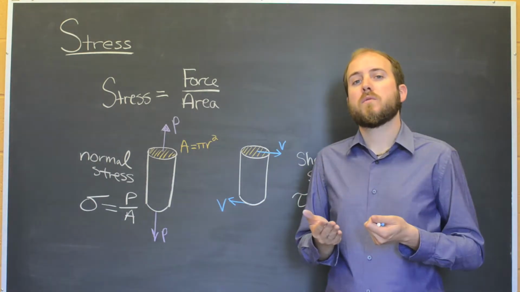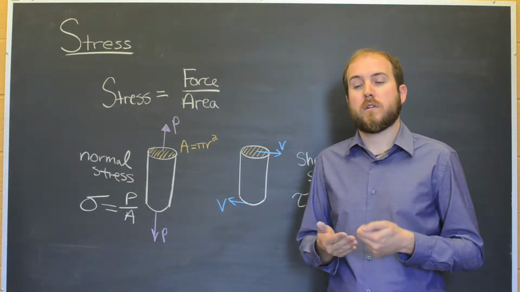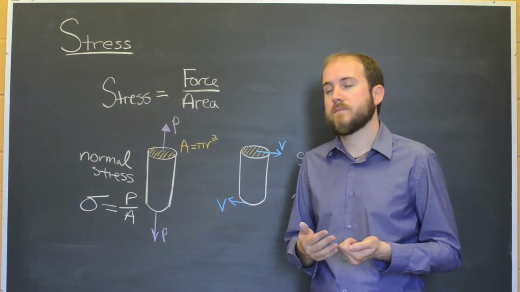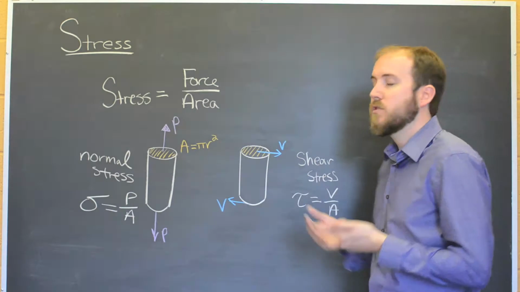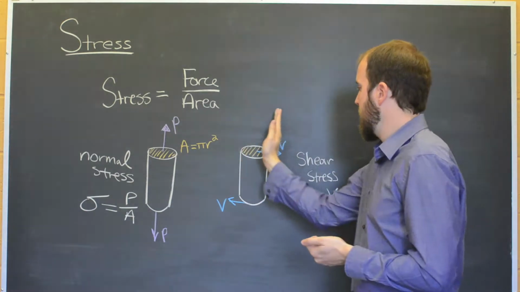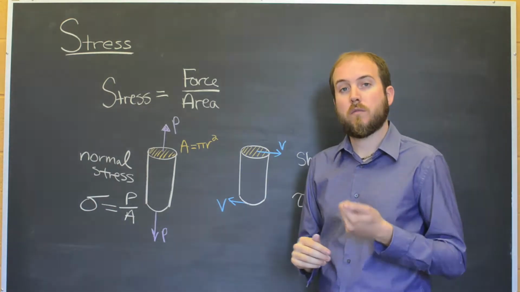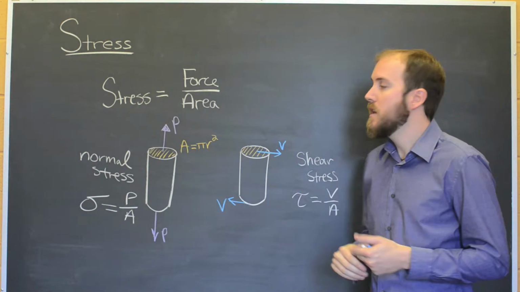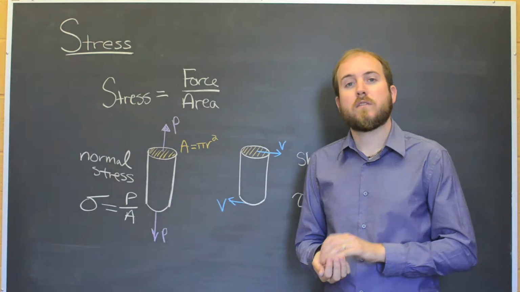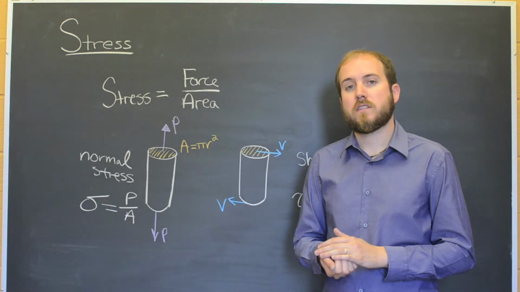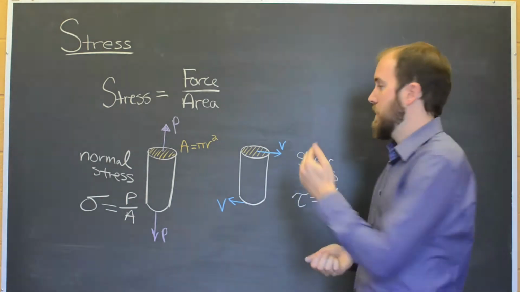So these are the two fundamental stresses that we're going to encounter throughout this course. Naturally, you could imagine, what happens if we have a stress acting at some angle away from perpendicular or parallel to that cross-sectional area? Well, in that case, just like you've done in introductory physics courses, you'll break up that stress.